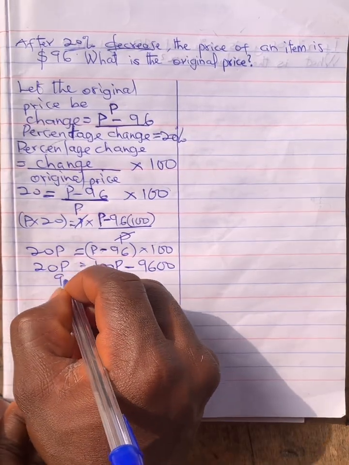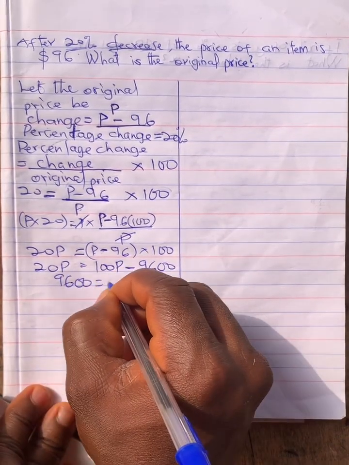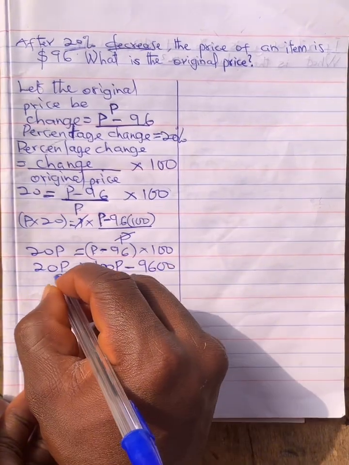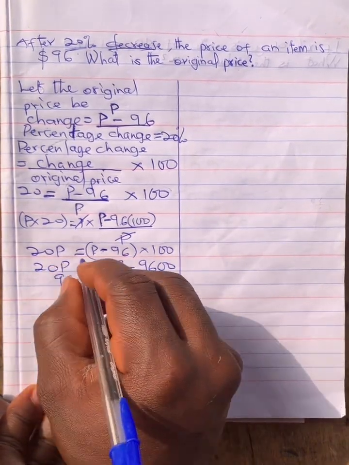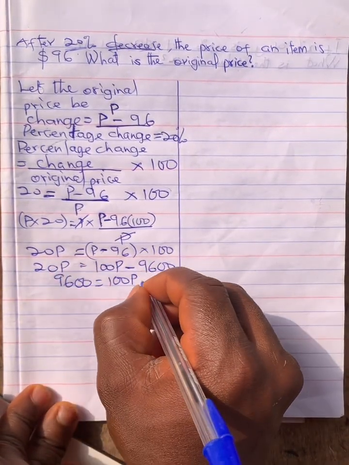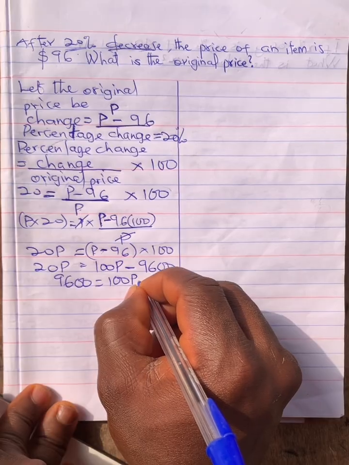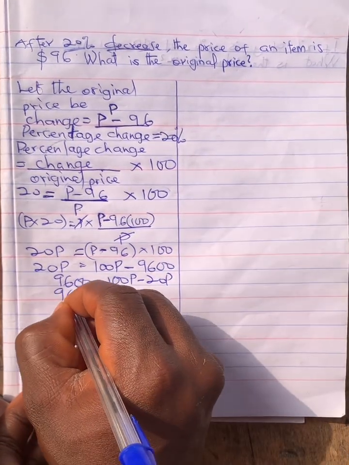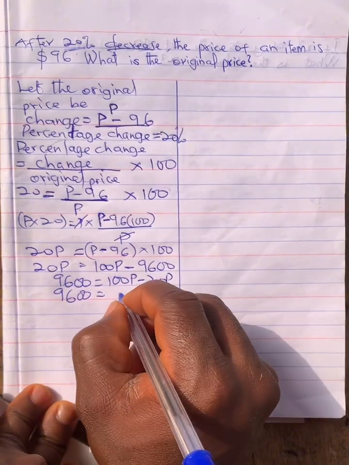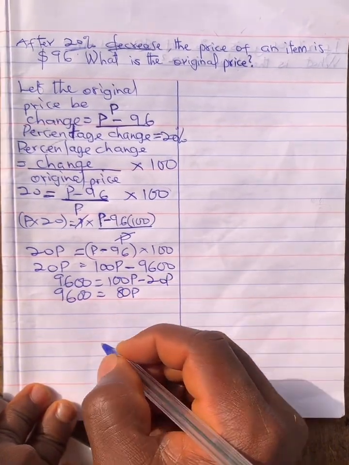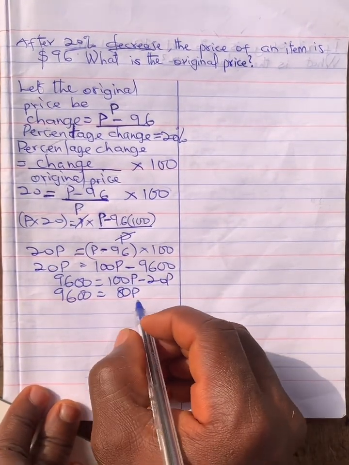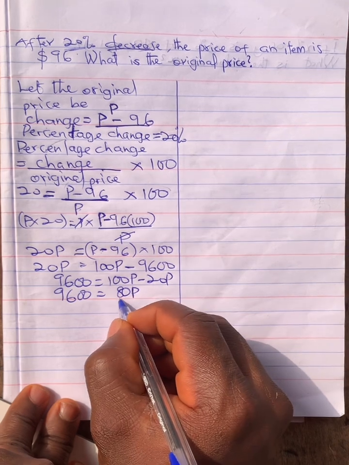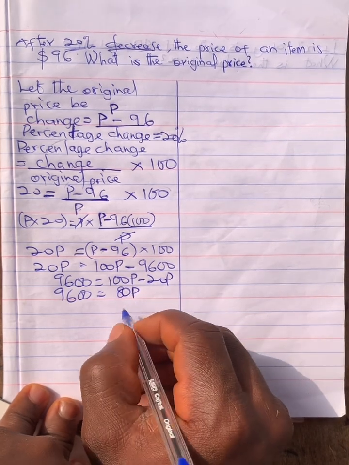So 9600 equals 100P. Here we bring 20P, going to be minus 20P. 9600 equals 80P.